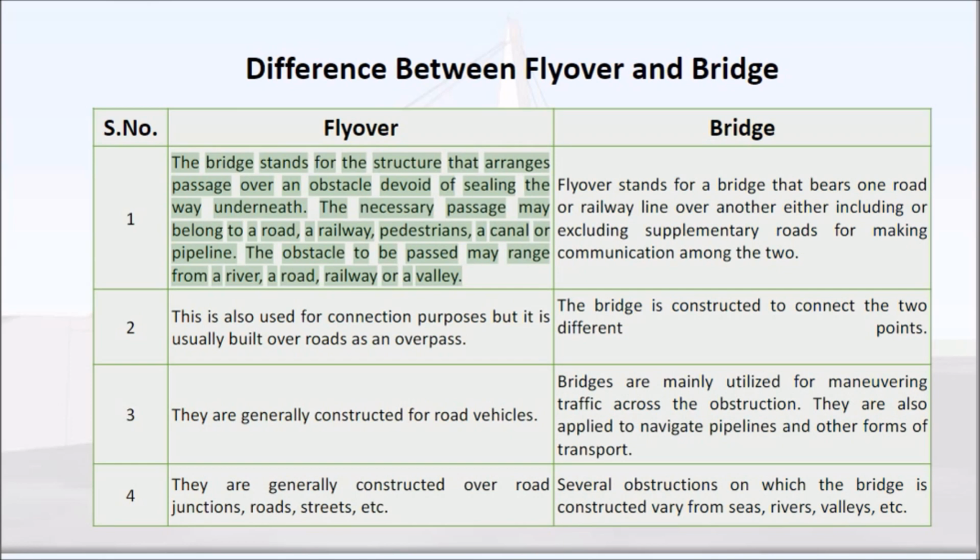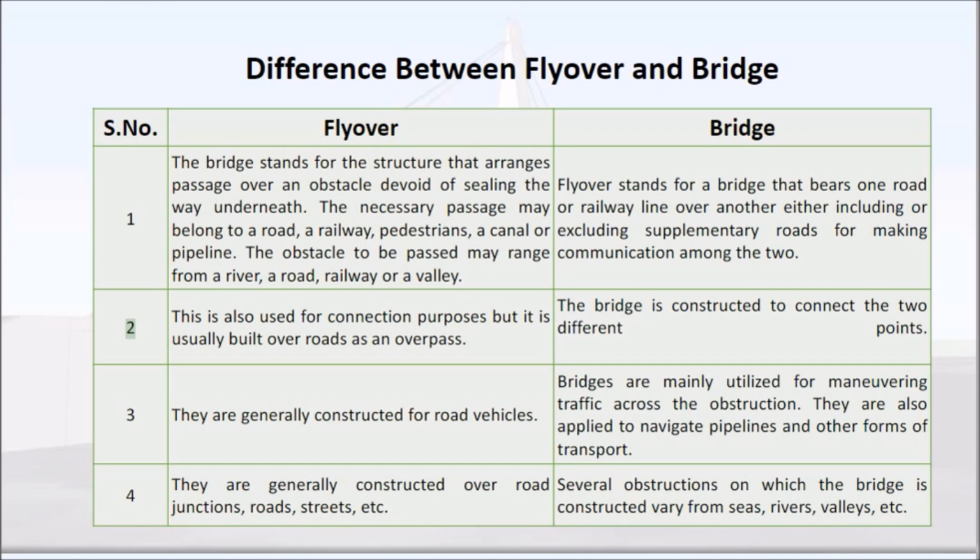The necessary passage may belong to a road, a railway, pedestrians, a canal or pipeline. The obstacle to be passed may range from a river, a road, or a railway. Flyover stands for a bridge that bears one road or railway line over another, either including or excluding supplementary roads for making communication among the two.